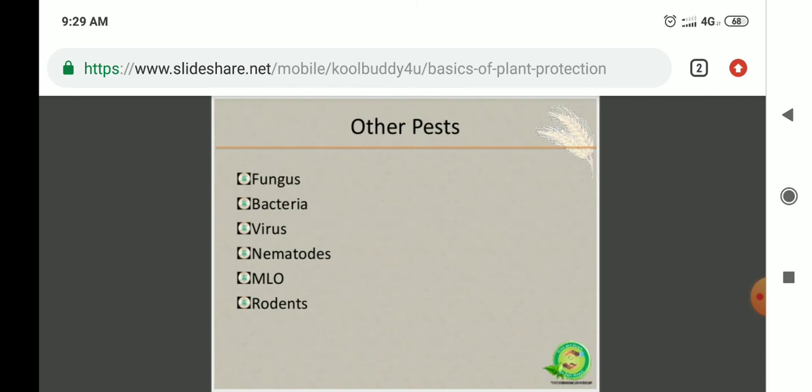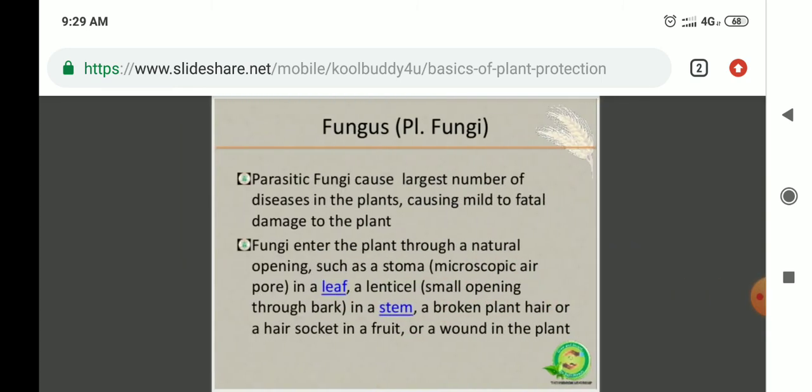Next are the disease-causing agents: fungus, bacteria, viruses, nematodes, MLO and rodents. First one is the fungus. Parasitic fungi cause the largest number of diseases in plants, causing mild to fatal damage to the plant.